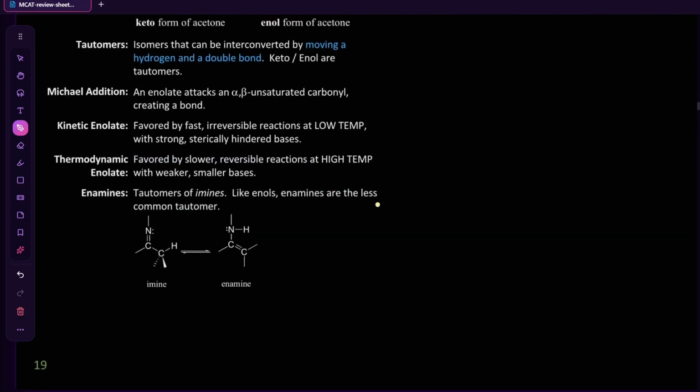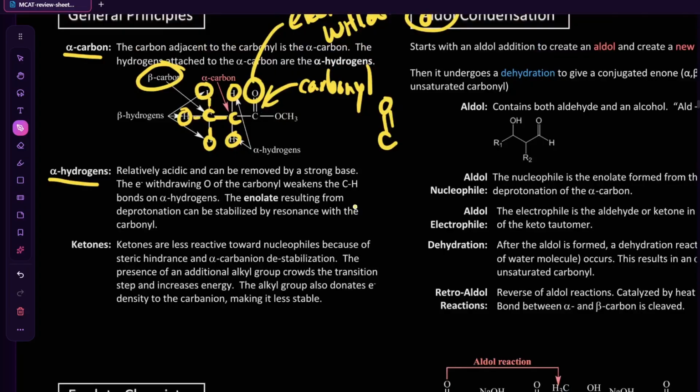So it's constantly pulling electron density away, which weakens the CH bond right next to it, and it makes the hydrogen surprisingly easy for a strong base to remove. So the alpha hydrogens are easily removed by a strong base. And that's why we have the electron withdrawing O, as we just talked about. The carbonyl weakens the CH of the alpha hydrogens.